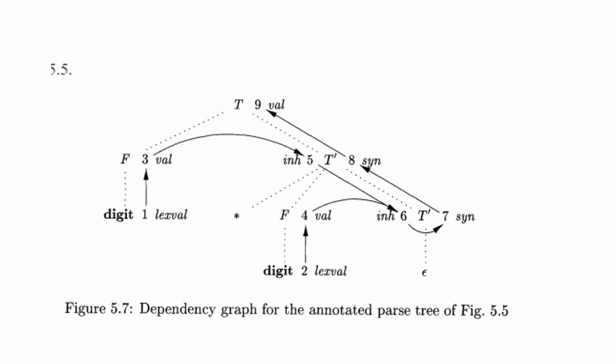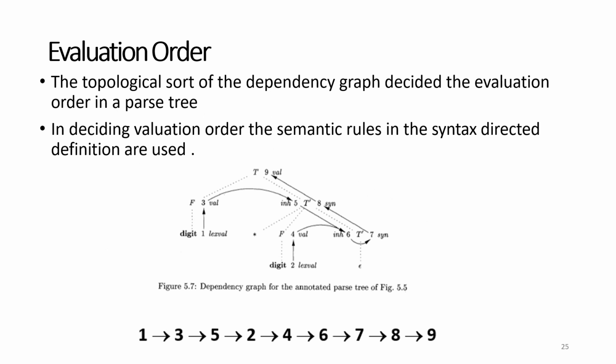These are not the values actually, these are the flow of information from one node to another node. This is a dependency graph. Order of evaluation means how the steps occur, which means how we are evaluating. The first step, then the third step, then we assign a value here, then the fifth one, the value is assigned to this one.